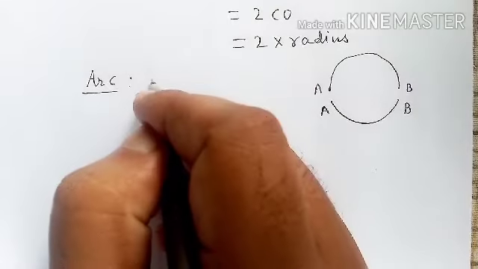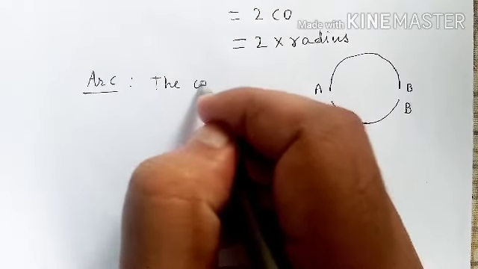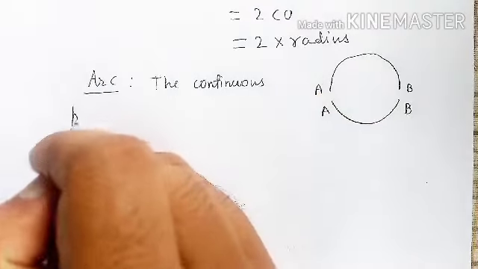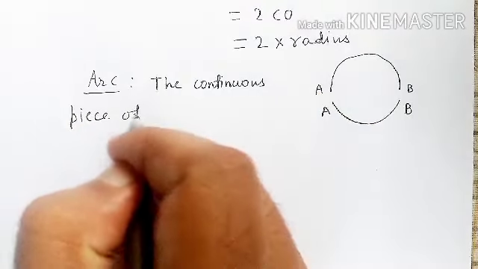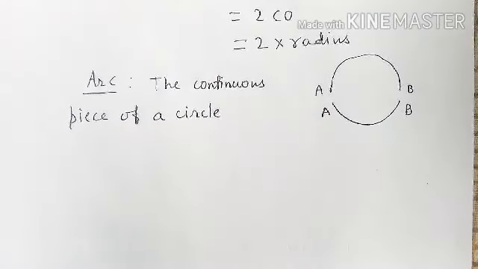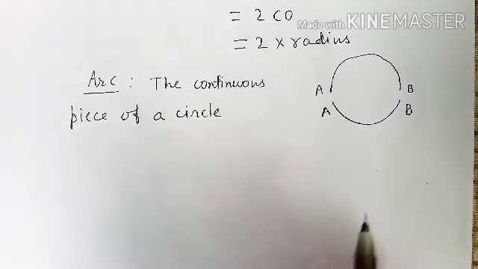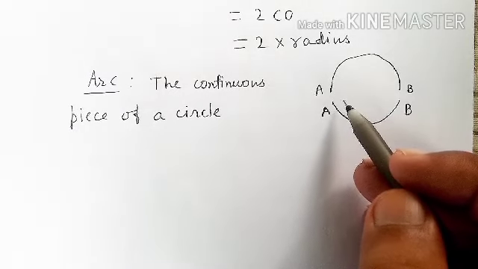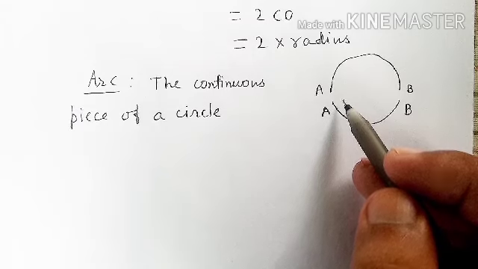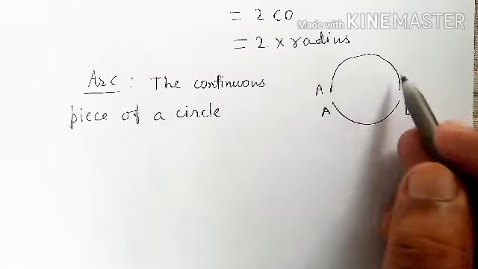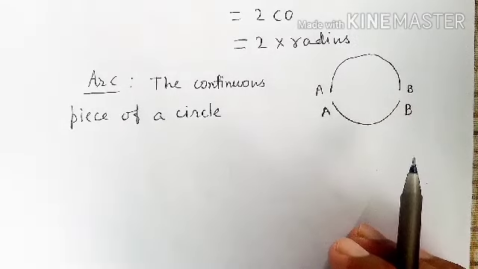Arc: the continuous piece of a circle. We can also say the endpoints of a chord divide the circle into two parts, and each part is called an arc.